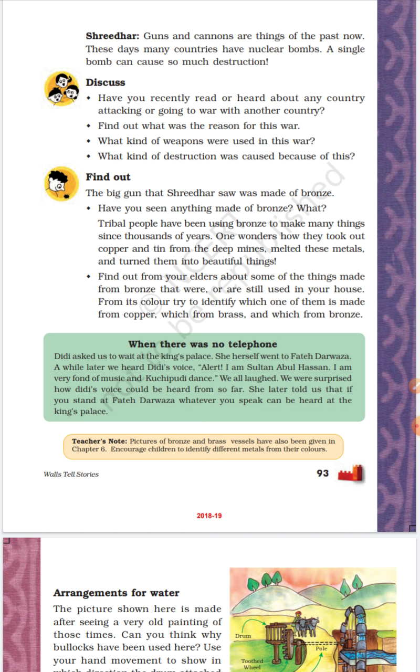Find out from your elders about some of the things made from bronze that were or are still used in your house. By color, try to identify which of them is made from copper, which from brass, and which from bronze. Right, so students, try to find out the things, okay? Otherwise, I'll let you know.